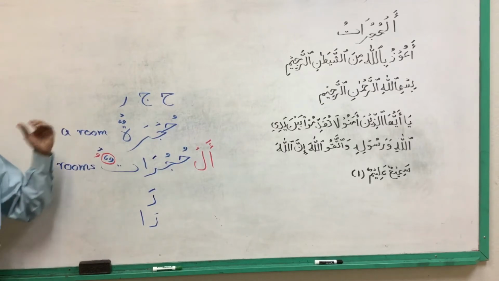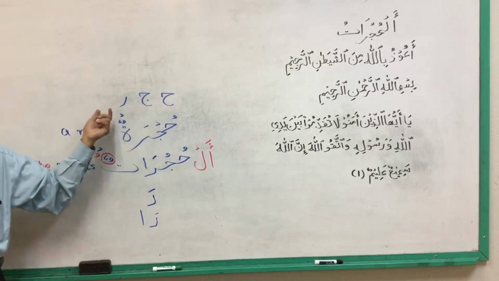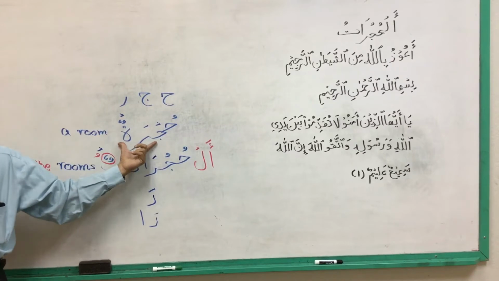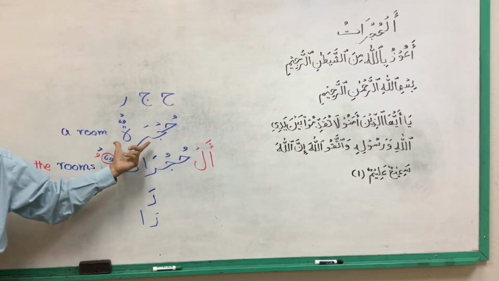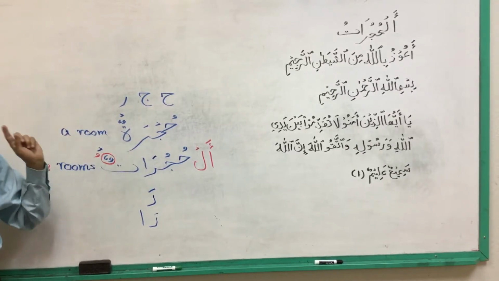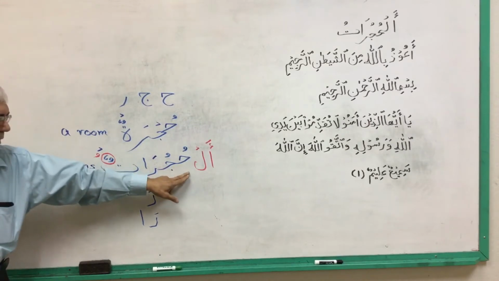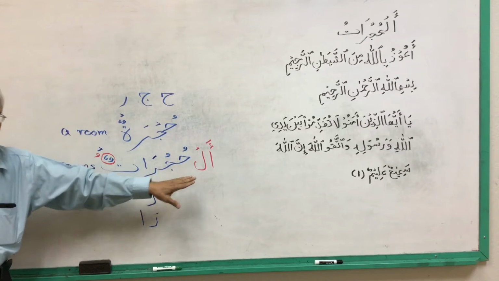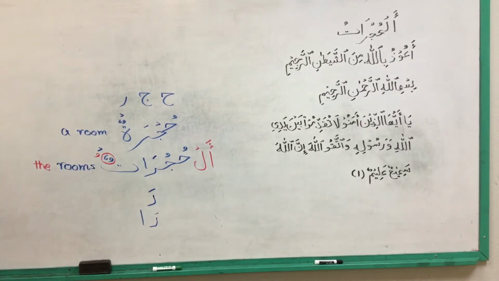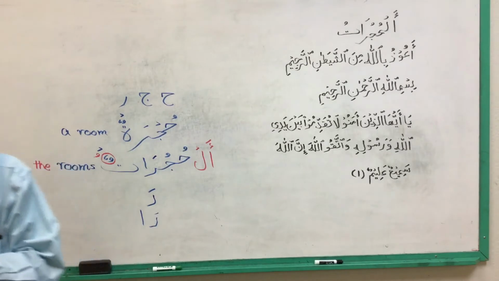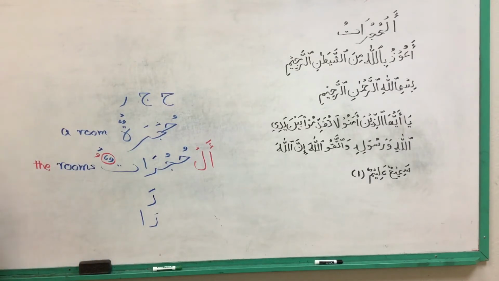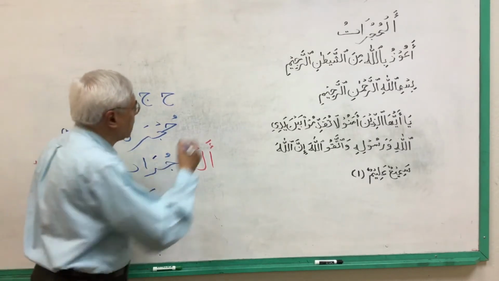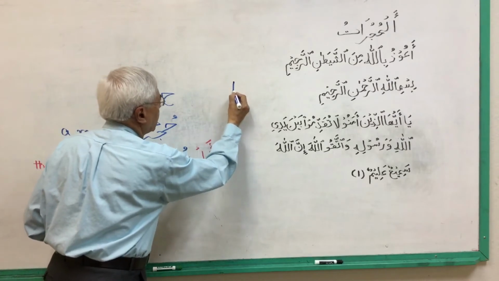Okay? So you start with the three letters, you make a noun singular, hujuratun, always tun. Then you make the plural this way, and if you want to give them a proper designation, you add al in there. Also in Urdu, we write al this way.